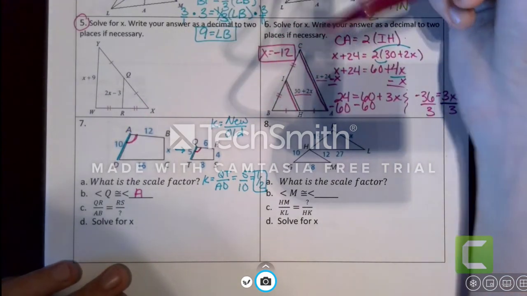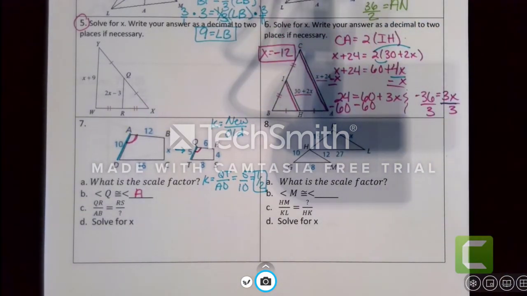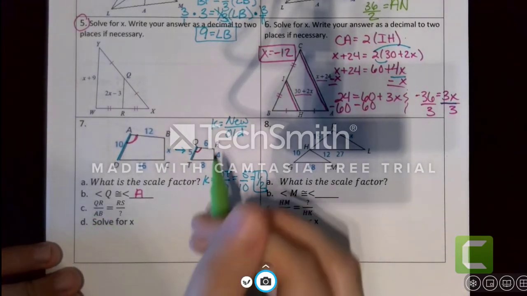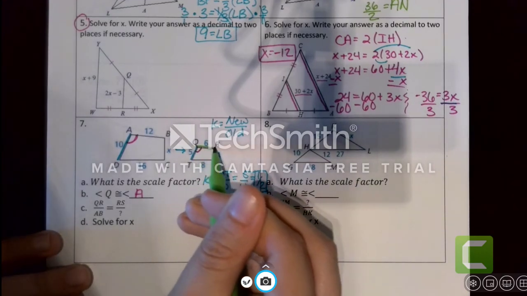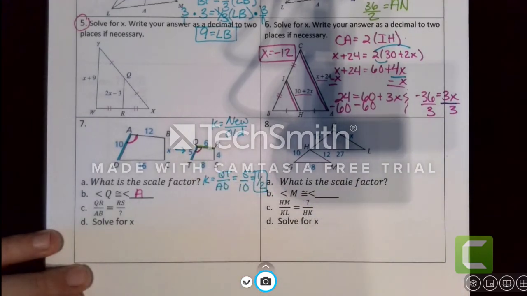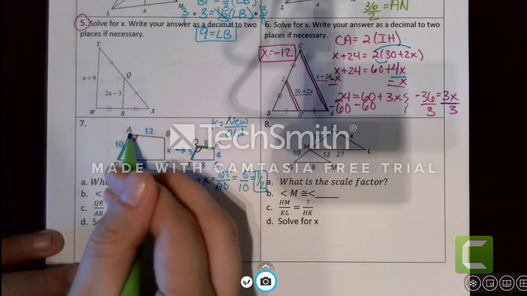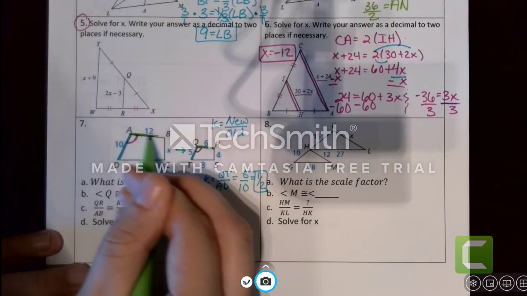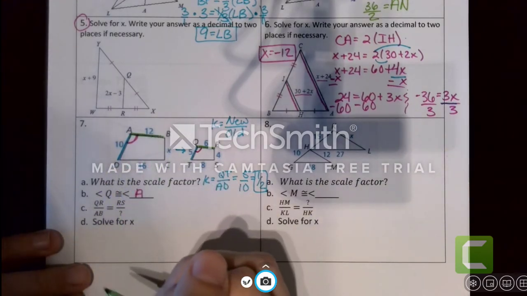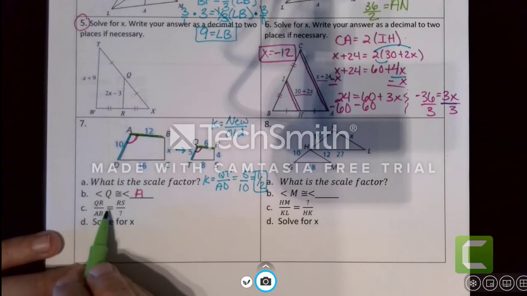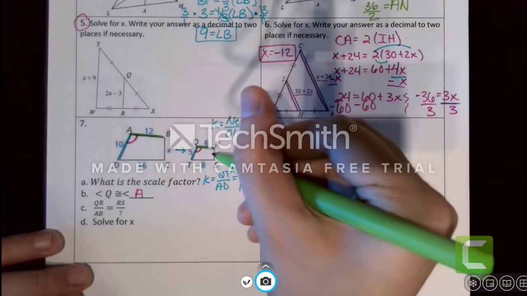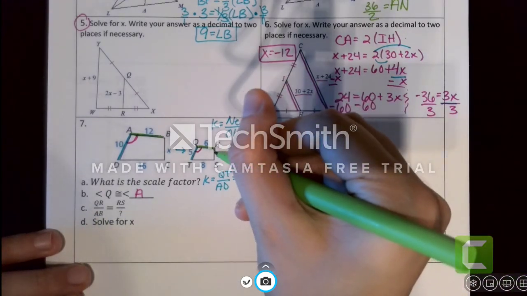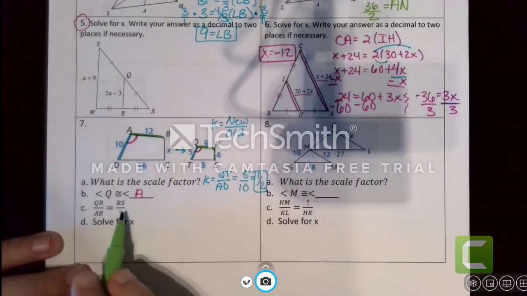Part C is discussing proportions. It's comparing QR, the top side of the shape for the new shape, to the old top side, AB. This is equal to RS, the right side of the shape, but we don't know the bottom.